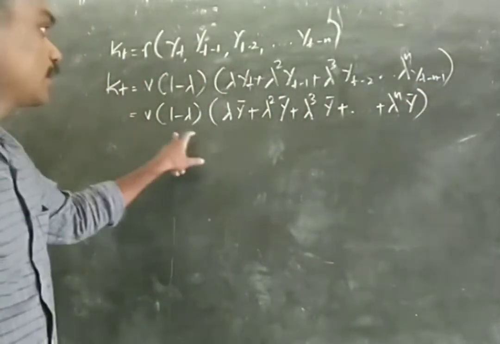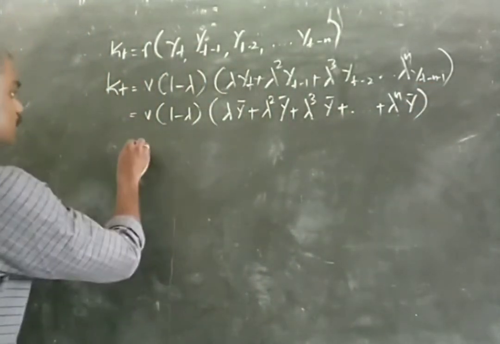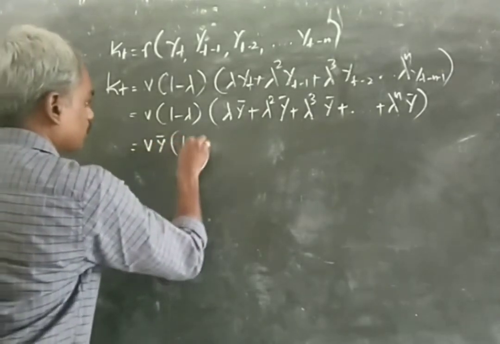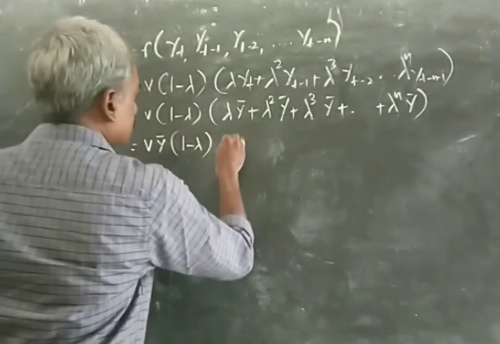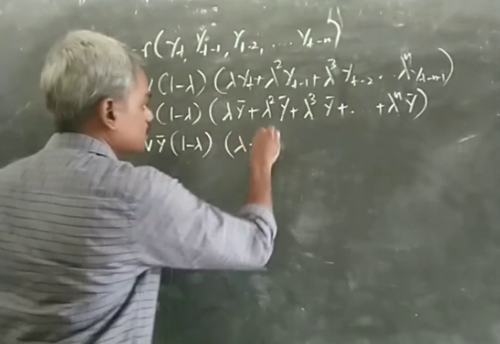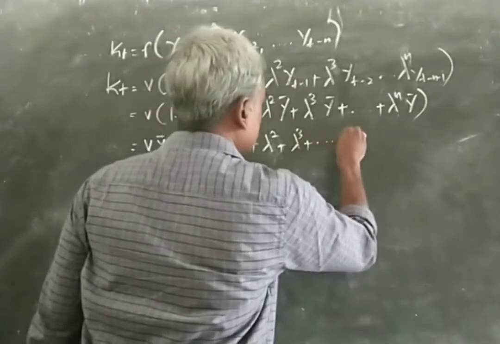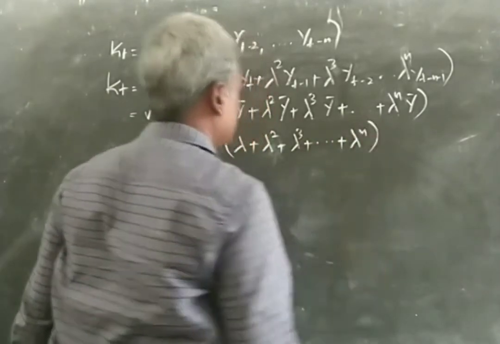Okay, now we are taking out this common term y bar from the equation, and so we get nu y bar into 1 minus lambda into lambda plus lambda square plus lambda cube plus lambda raised to n.